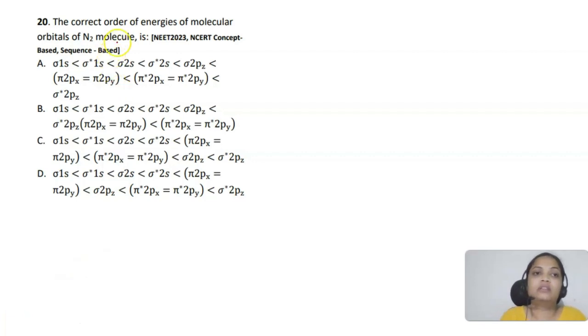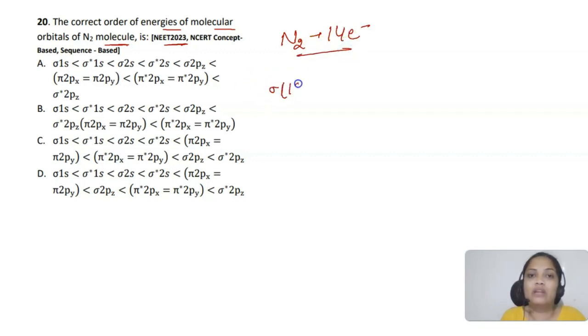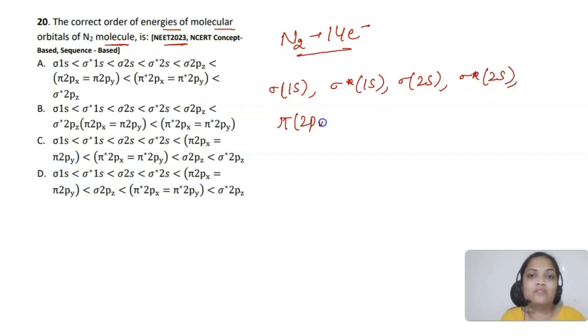Next question is the correct order of energies of molecular orbital of nitrogen. See, it was asked in NEET 2023. So every year you will get at least one question. So just now we have discussed कि for nitrogen we have 14 electrons. So let's start. Sigma 1s, sigma star 1s, sigma 2s, sigma star 2s. And for nitrogen, pi 2px and pi 2py will come first.